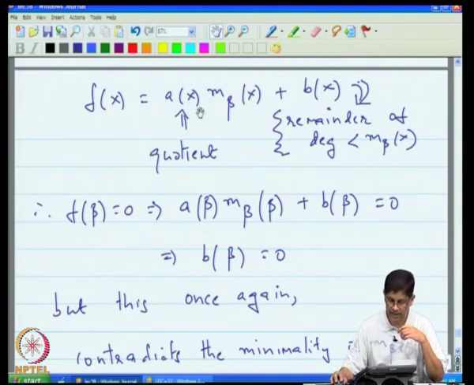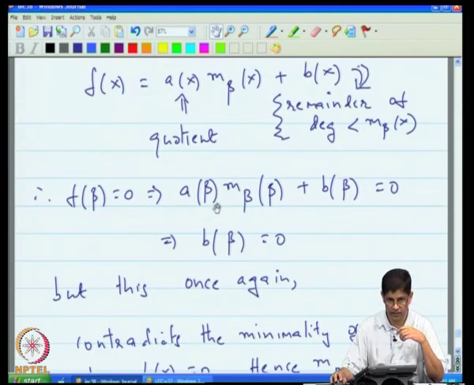So, f of x is a of x times m beta of x plus b of x. Now, a of x here is the quotient and b of x is the remainder. You know that f of beta is 0, which means that a of beta times m beta of beta plus b of beta is 0. But since this is the minimal polynomial of beta, we know that m beta of beta is 0. So, this can only happen if b of beta is 0.